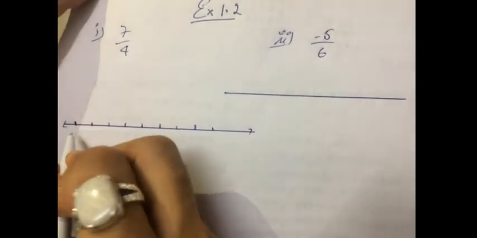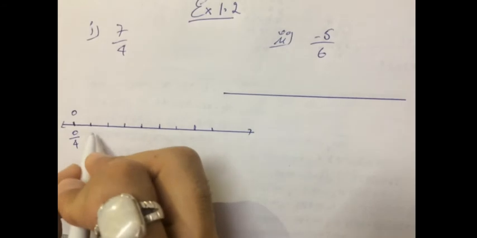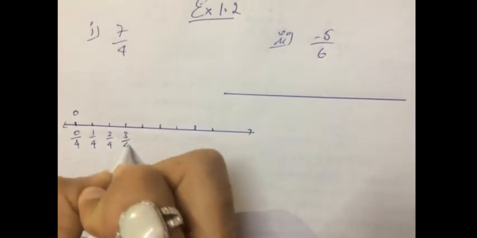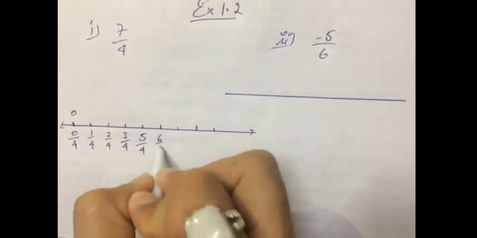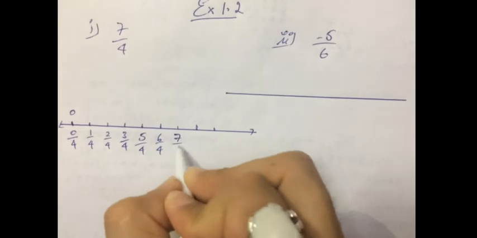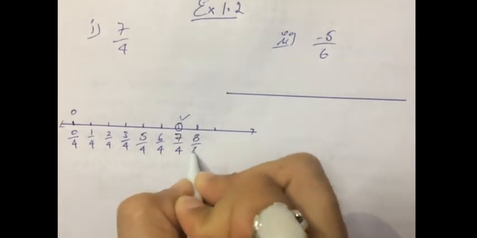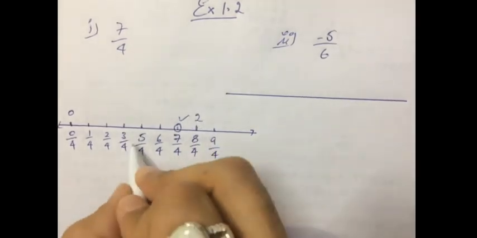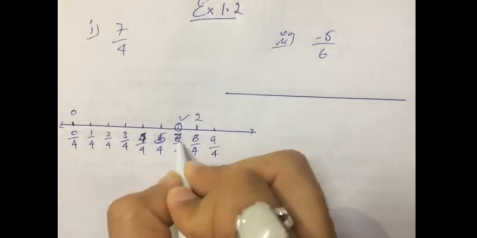Now start writing the points. This is 0, 0 by 4, 1 by 4, 2 by 4, 3 by 4, then 5 by 4, 6 by 4, 7 by 4. This is our number which we have to note. This 8 by 4 is 2 and 4 by 4 must be over here.